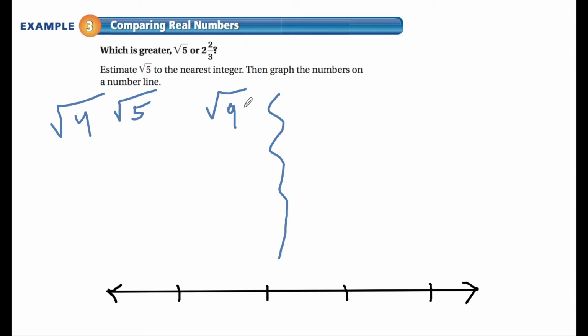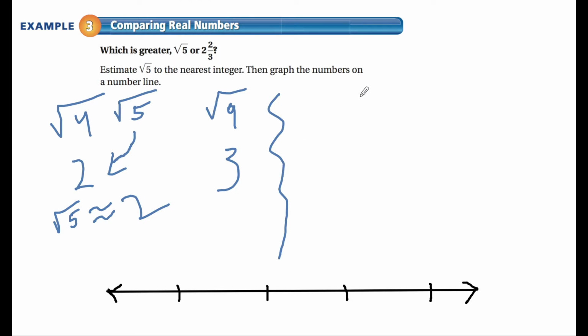These are our two perfect squares on either side of it. The square root of 4 is equal to 2, and the square root of 9 is equal to 3. Well, the square root of 5 is closer to the square root of 4, so we're going to say that the square root of 5 is approximately 2, because they just wanted it to the nearest integer.